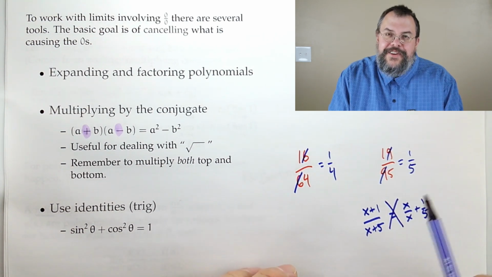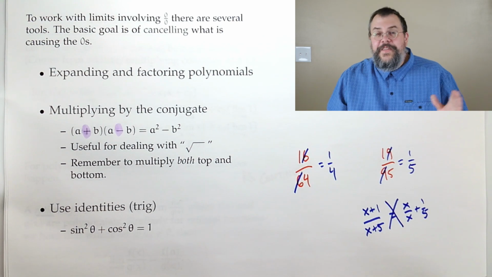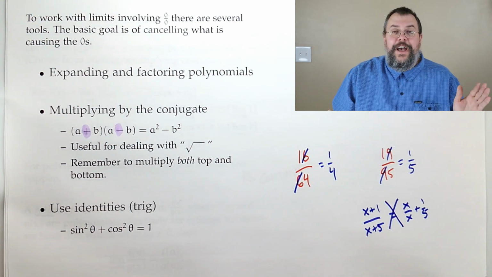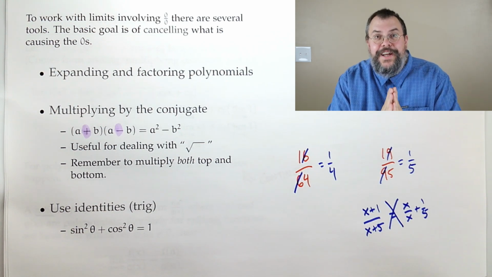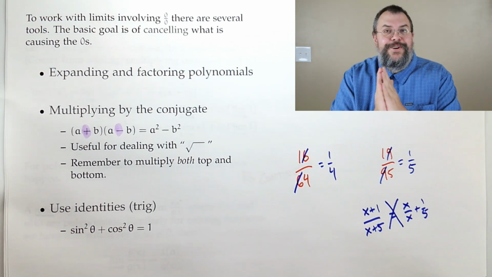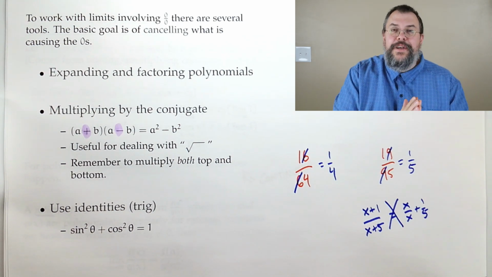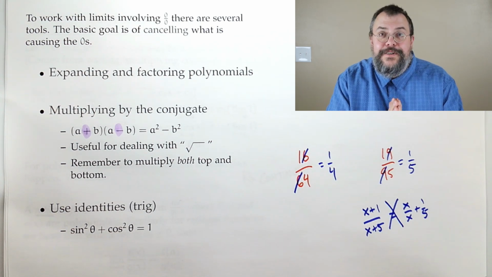This, by the way, is just a fun little coincidence. And you always have to be careful. Yes, there are some fun, cute little things that happen, but that doesn't mean they always happen. You want to make sure that you know your algebra, know what does work, and know what doesn't work, because we want to make sure we keep getting the right answers. All right, time for some practice.